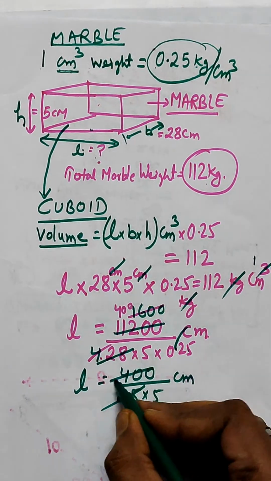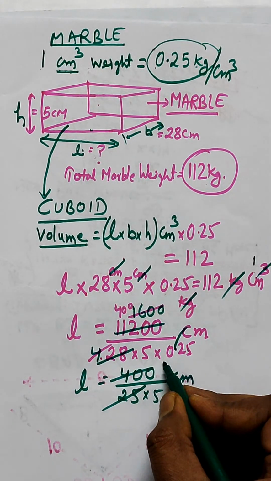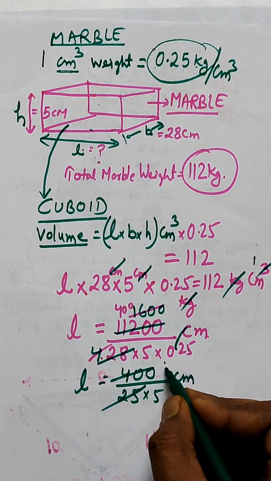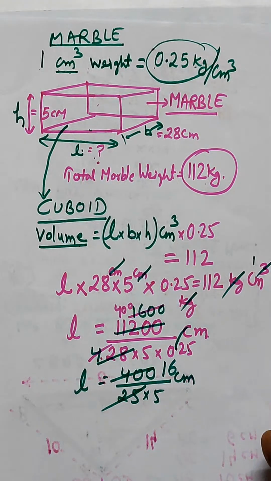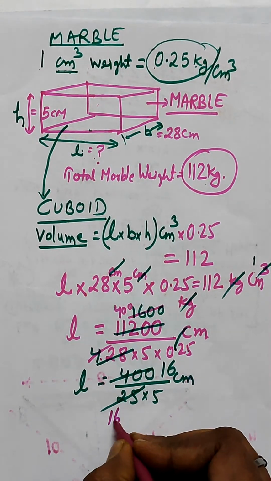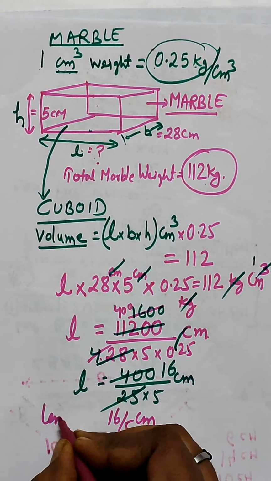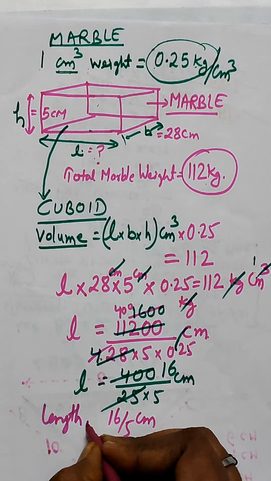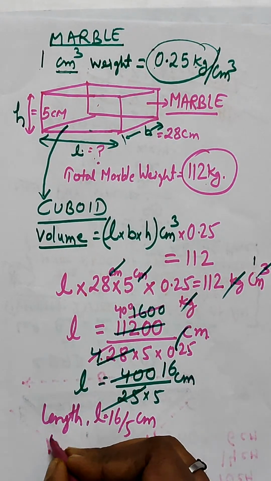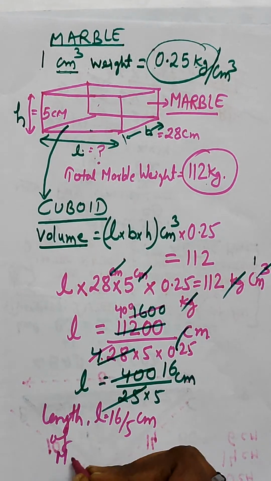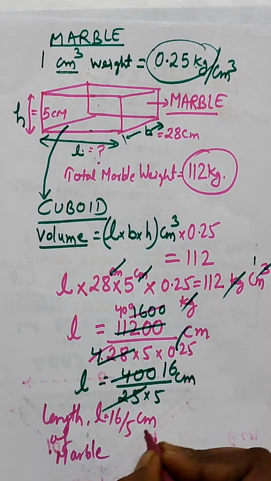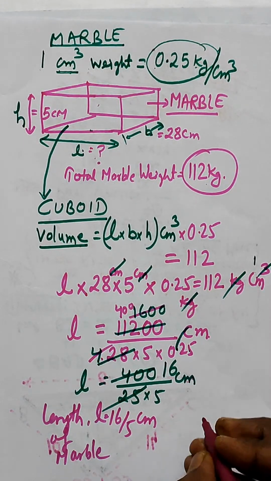From 25, cut this 400. 25 4s are 100, 16 times it's deducted, right? So length is coming as 16 by 5 centimeter. Length of marble is 16 by 5 centimeter.